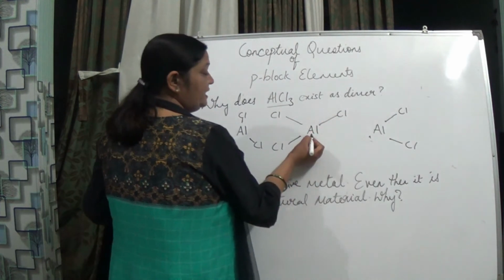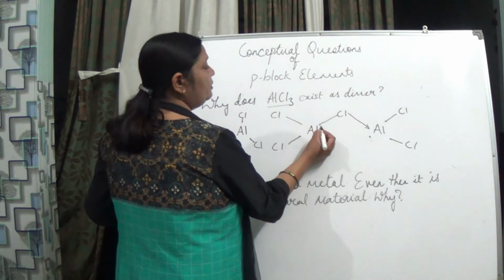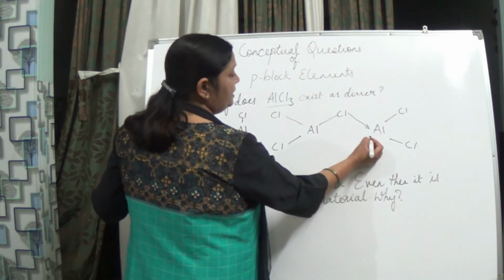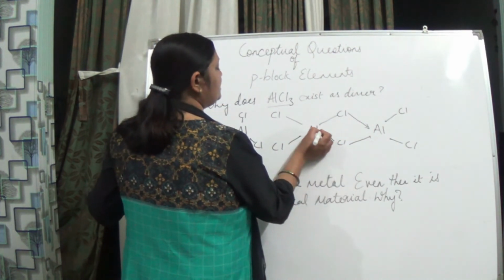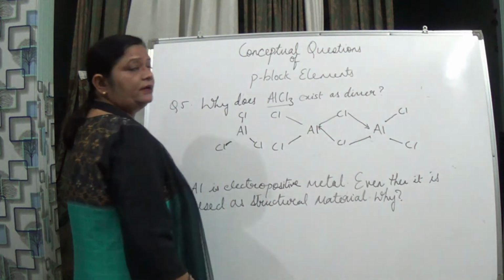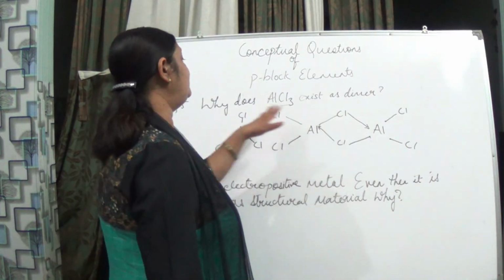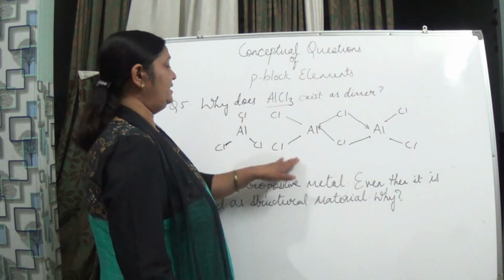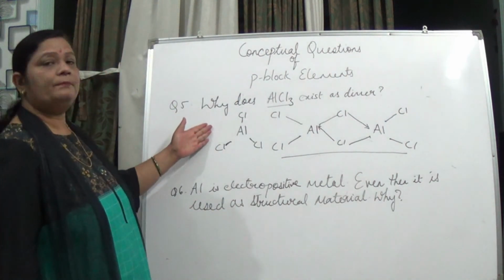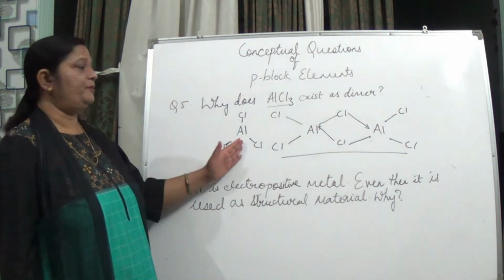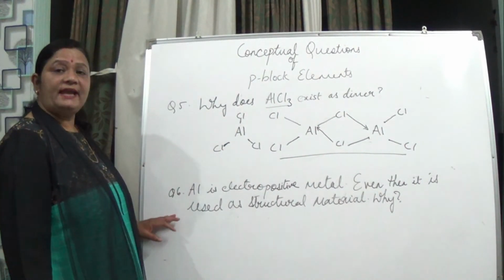This Cl which you are seeing forms a coordinate bond over here, and here in this you will see this forms a coordinate bond, naturally fulfilling the octet rule. Thereby AlCl3 exists in the form of a dimer rather than forming simple covalent bonds. Now coming to the next question.